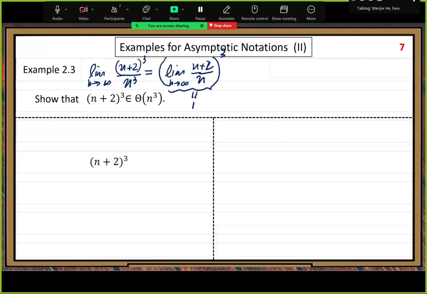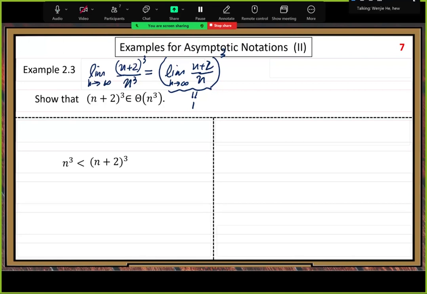Let's look at the lower bound first, which is easier. We know n plus 2 is a positive number, and n is a non-negative number, so they cannot be negative.